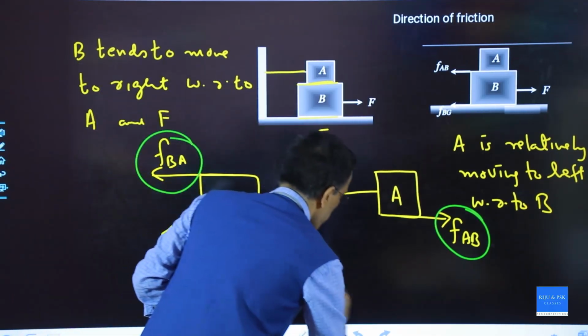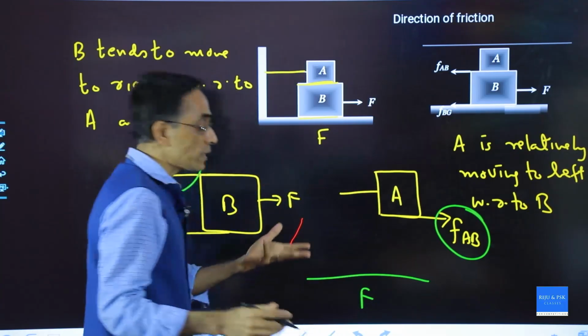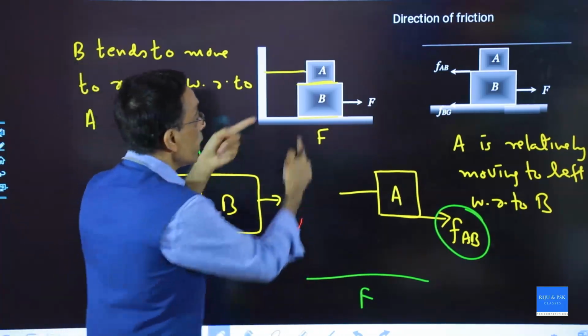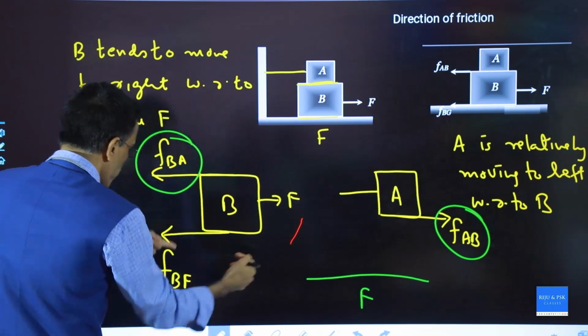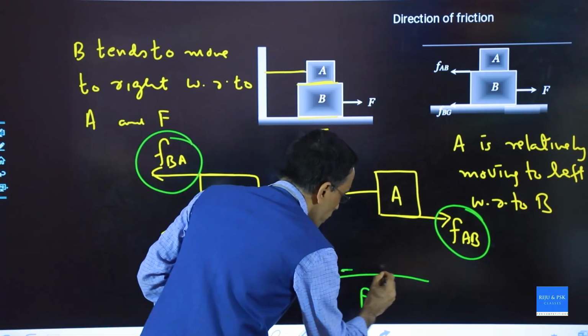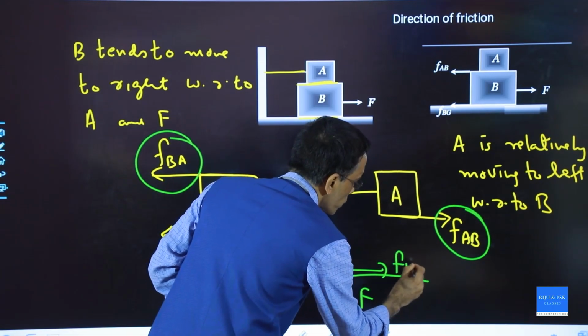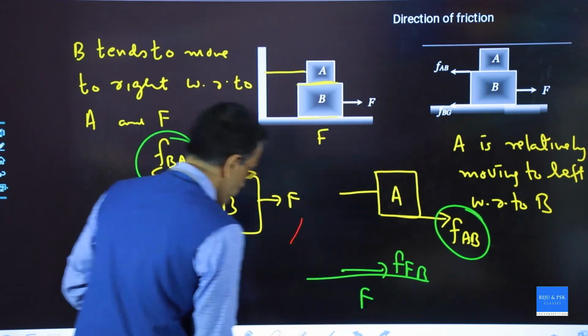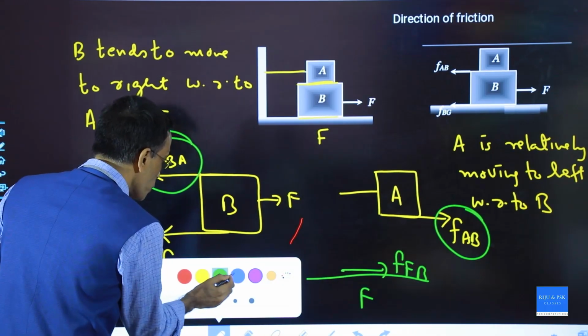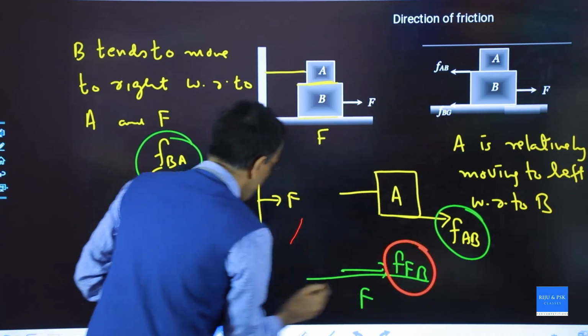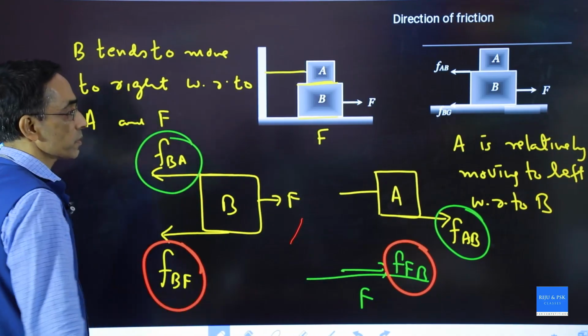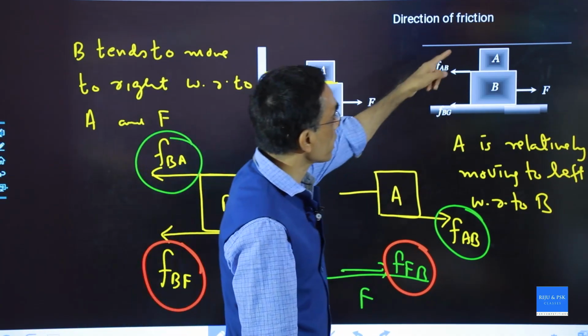The floor is actually not moving, but you can see B is moving to the right and B has got a friction FBF to the left. So the floor will have friction acting here, force of friction on the floor because of B, and this is the pair of this force, and all these forces are marked here.